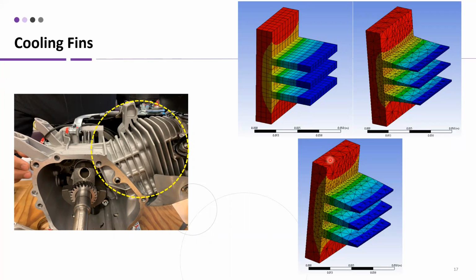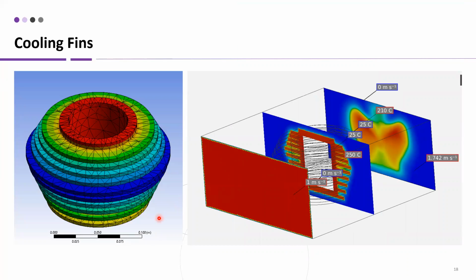After doing a very simple initial study, we modeled a more realistic cooling fin design, and then we performed a coupled simulation wherein we passed a flow of air and placed the cylinder inside a cavity. Then we performed a fluid-solid thermal interaction study wherein we were able to see how this design would behave in a real world situation.